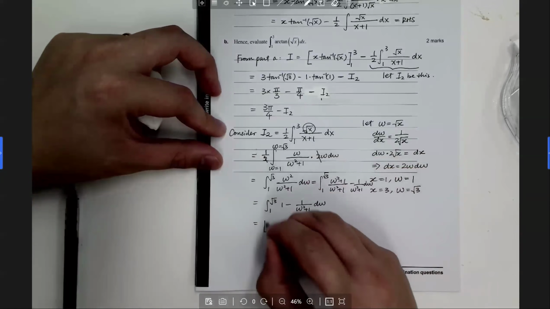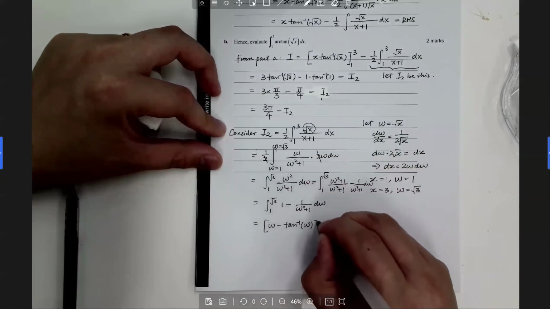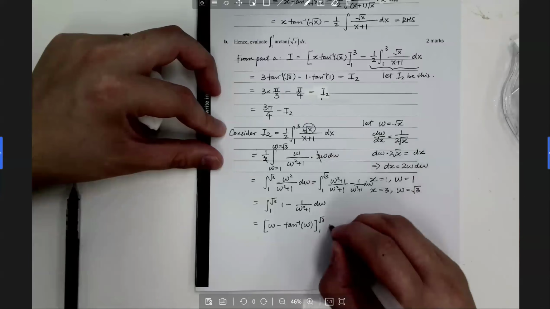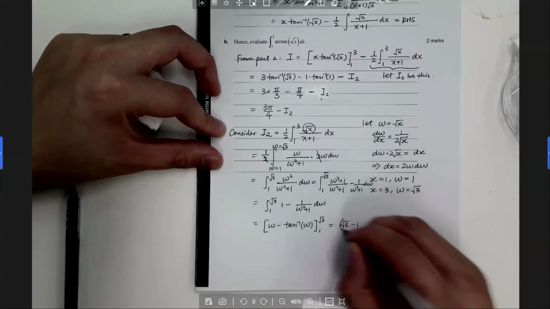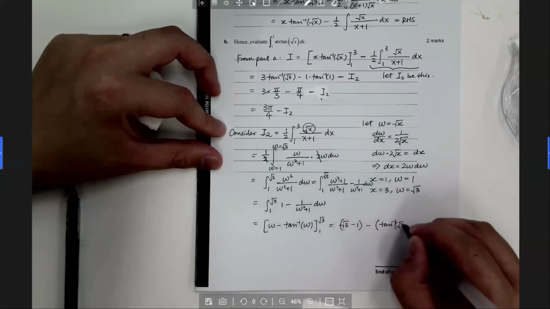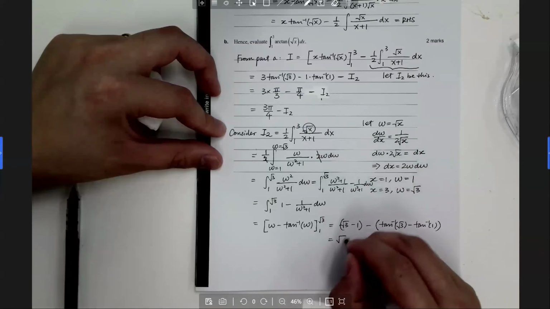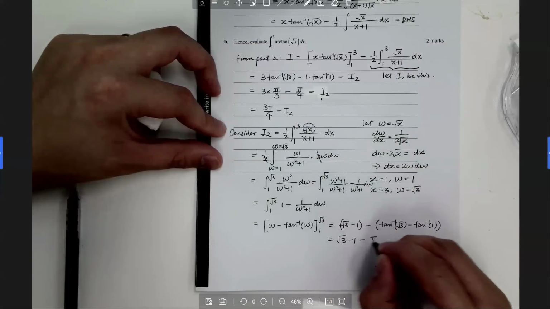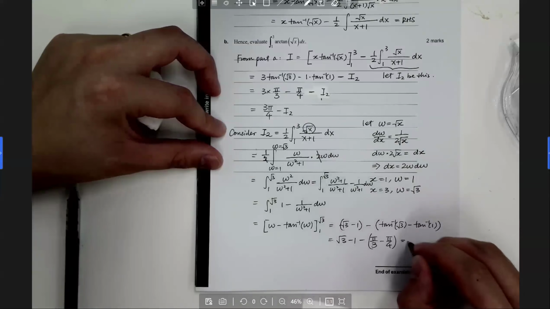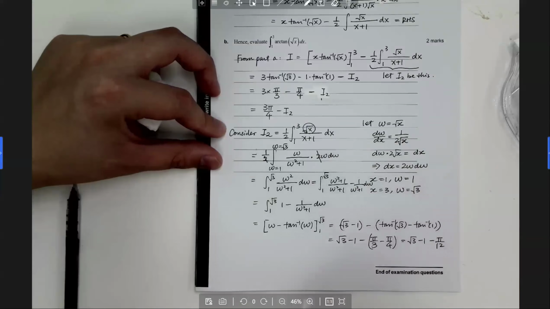So this result will be w minus tangent inverse of w, 1 to root 3, okay? And then you will get, let's say, root 3 minus 1, that's the first part, minus tangent inverse of root 3 minus tangent inverse of 1. So you actually get root 3 minus 1 minus pi on 3 minus pi on 4. So you actually get root 3 minus 1 minus pi on 12, okay?